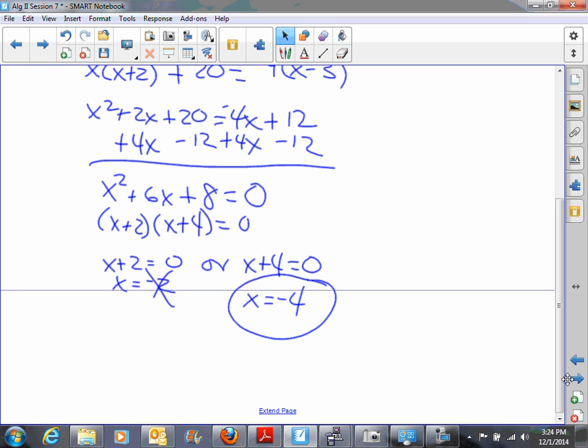But when math teachers and Pinellas County supervisors and so forth write tests, many times they are going to include an extraneous solution because it's not difficult to write an equation that has one. So make sure you check.